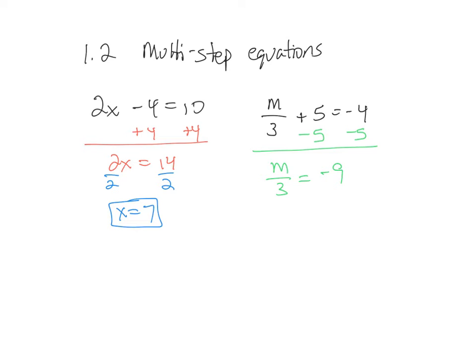Signs are the same, add them up. 4 and 5 is 9, sign stays. However you think about it. Okay, then do multiplying or dividing. That means divide by 3, so I'm going to multiply times 3. Okay, so really we're just combining an add and subtract step with a multiply and divide step like we've done the last couple days. Okay.